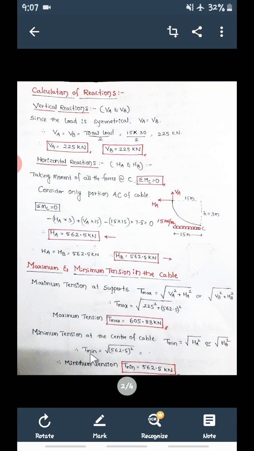Let us substitute. HA we have already calculated, and HA and HB are the same. So from this, the minimum tension is 562.5 kilonewton. This is at the center of the cable. Maximum tension is at the support of the cable. Okay, right.